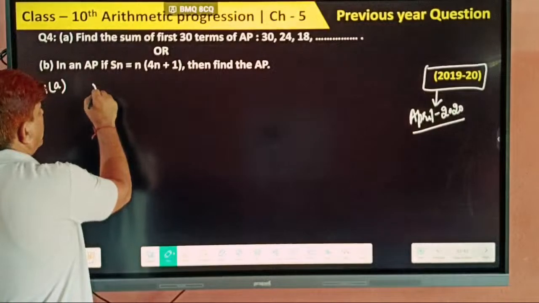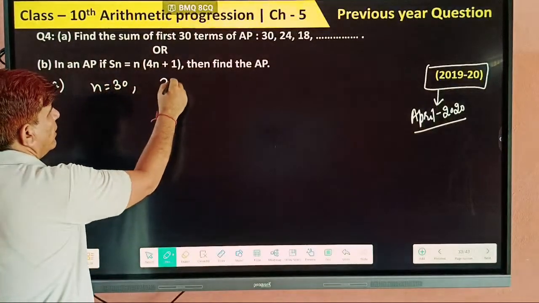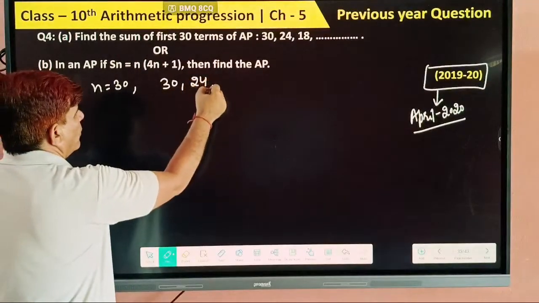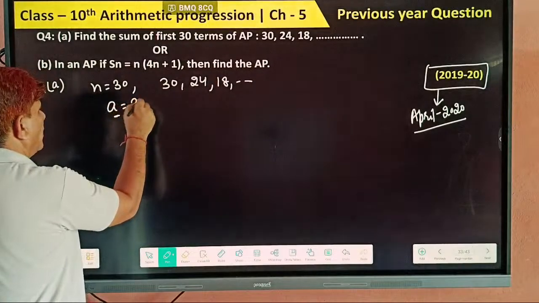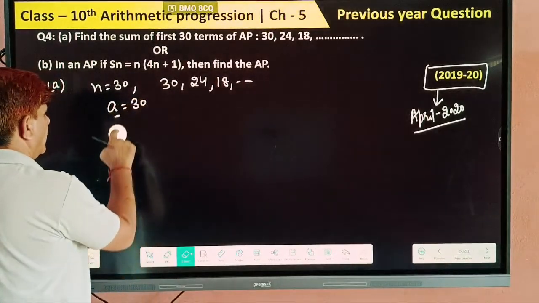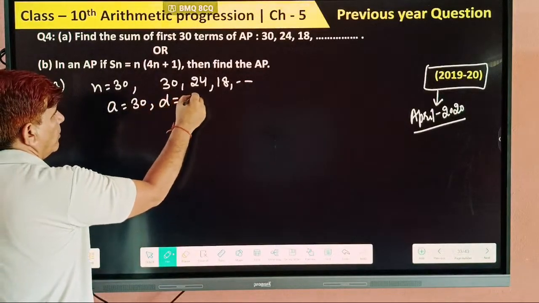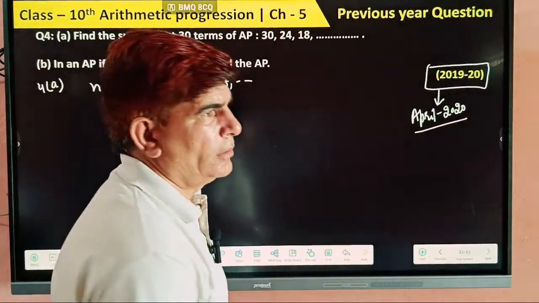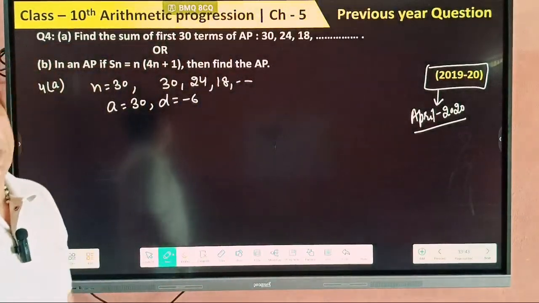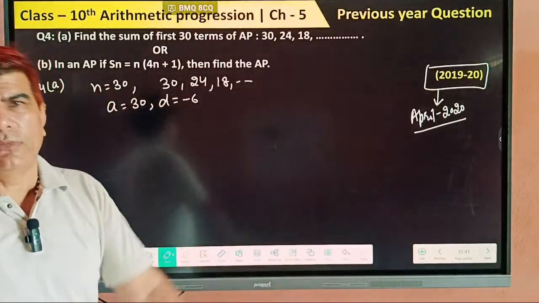So n equal to 30, sequence 30, 24, 18. So what's your a? a equal to 30, d equal to minus 6. If you check, this question is related to finding the sum, so we use the second formula.